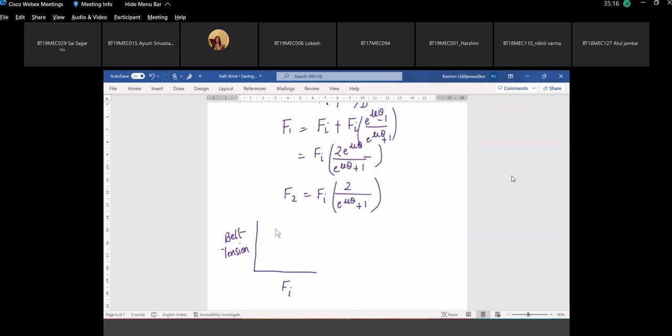This is the initial tension. With the increase in Fi, if the value of F1 increases in this particular fashion, F2 increases in this particular fashion.